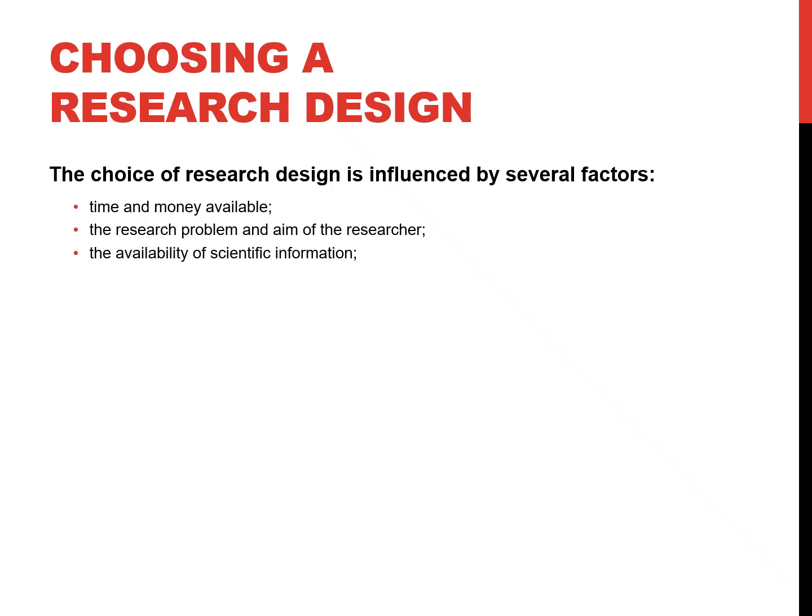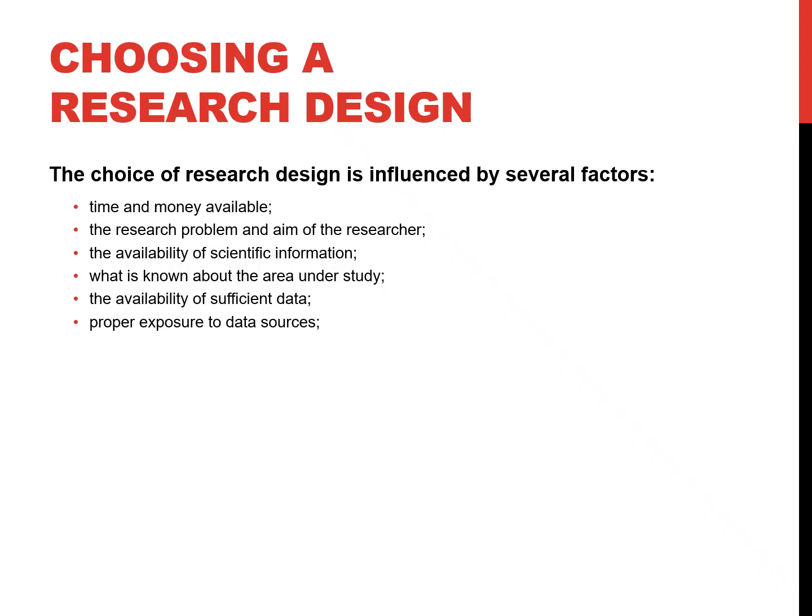Perhaps there's secondary resources which will solve the problem. What is known about the area? Is it blue sky? Is it something new? Is there data that one can use and just run? Have you got the data sources available?